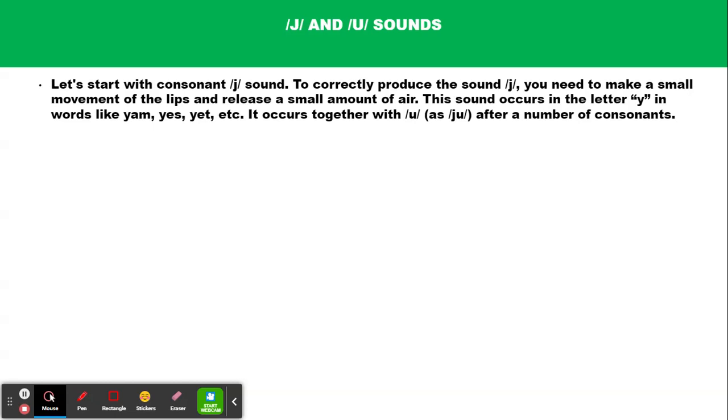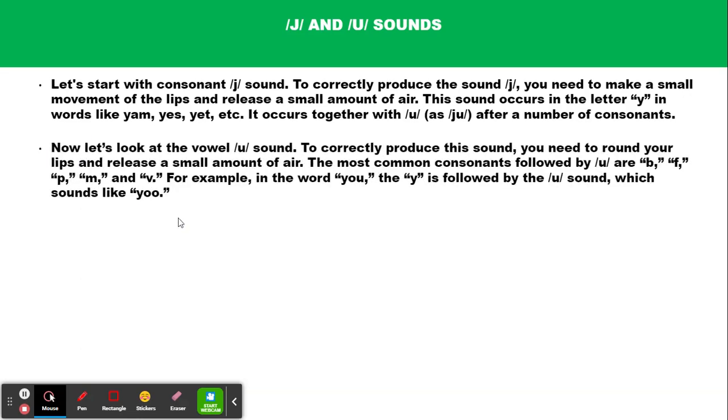This sound occurs in the letter Y in words like yam, yes, yet, etc. It occurs together with U as JU after a number of consonants, and when it occurs like that, it is pronounced ew. We are going to actually demonstrate how to pronounce that sound correctly.